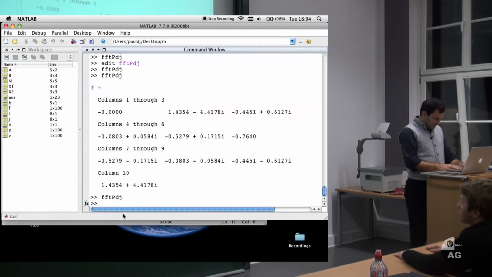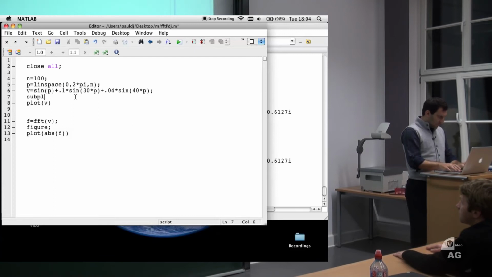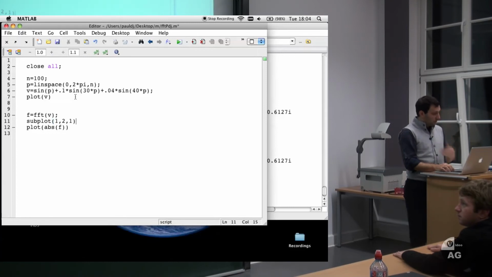So first of all, maybe we can leave this alone. Then we say this is to create multiple plots inside the same window.